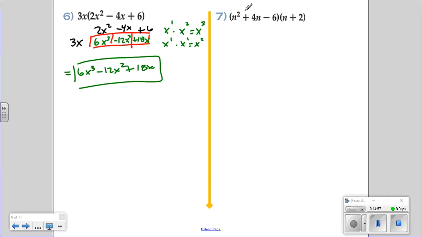Now on our next problem, the first polynomial has 3 terms. So I'll need 3 rows. All right. However, the second polynomial has 2 terms, so that means I'll need 2 columns.